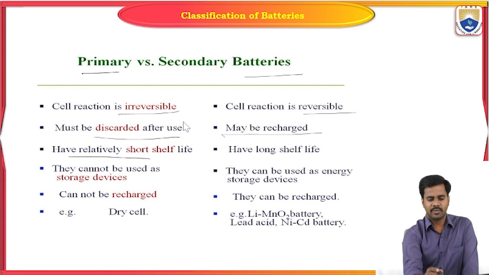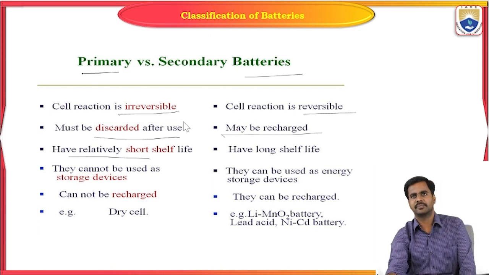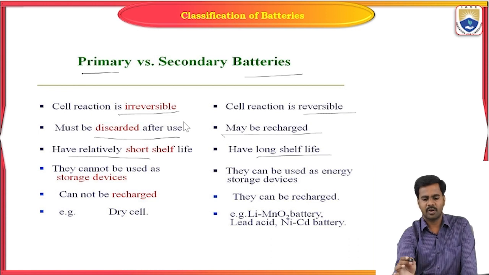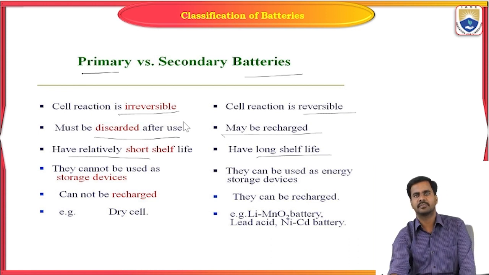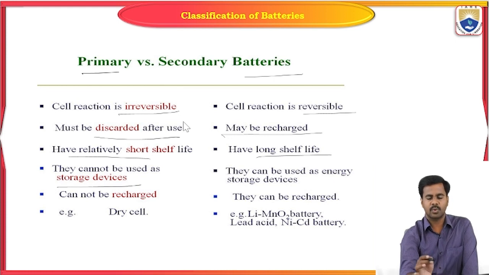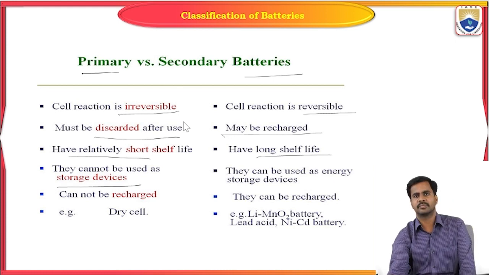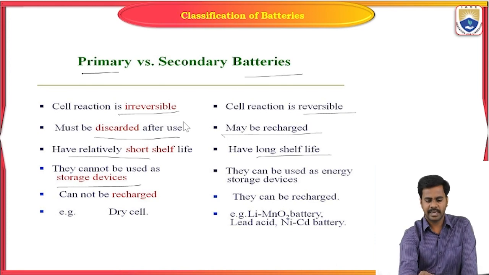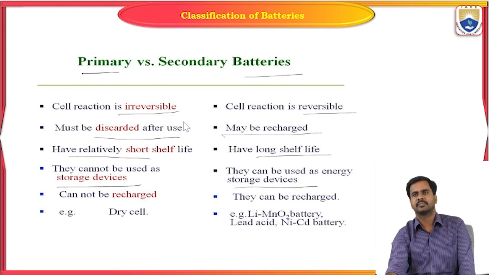Primary batteries have relatively short shelf life and secondary batteries have long shelf life. Primary batteries cannot be used as storage devices, whereas secondary batteries can be used as storage devices.